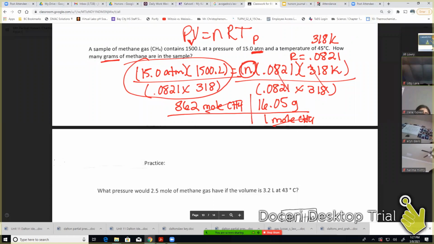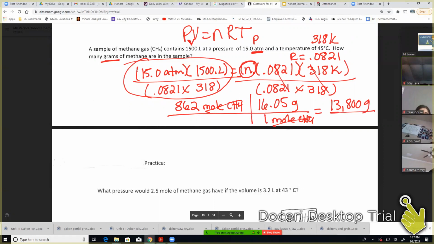So then I'd finish mine out, 862 times 16.05, keeping it at 3 sig figs. So I think you've got to do a little rounding on that. 13,800 grams.